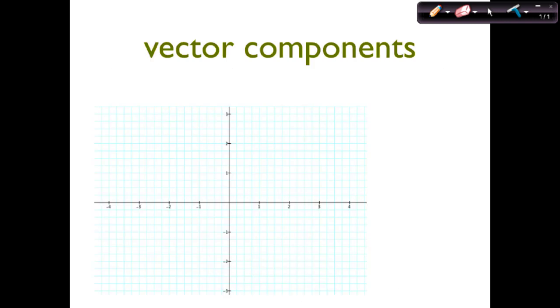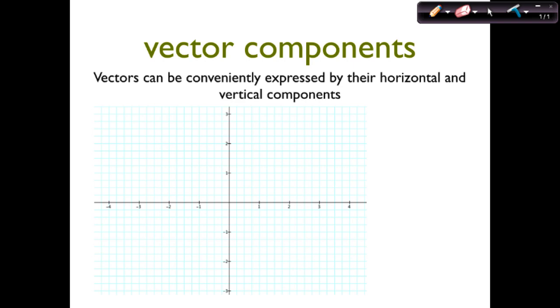Okay, so vectors. When we represent a vector, we use components. We use horizontal and vertical components to express a vector. So for instance, there's a vector u and a vector v. By component we mean what part of u is horizontal.